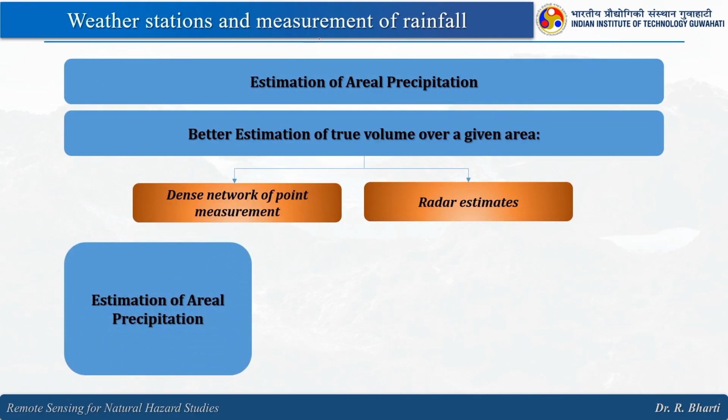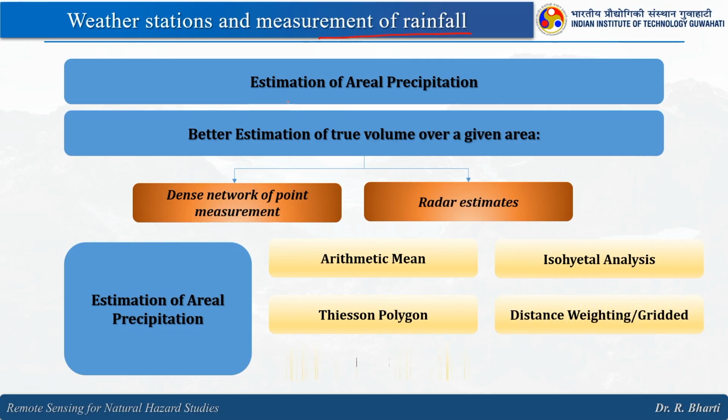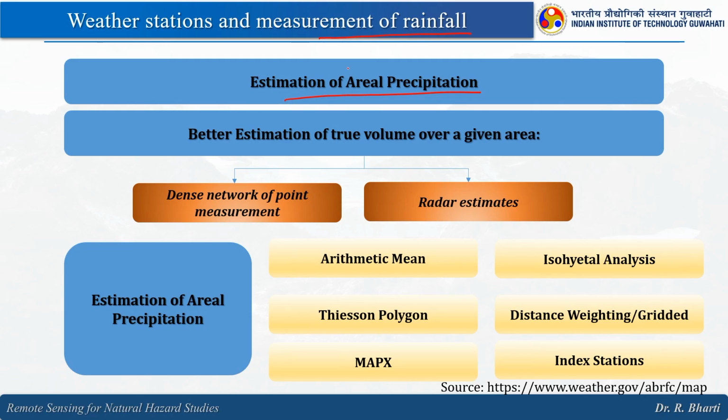Then weather station and measurement of rainfall, the estimation of aerial precipitation, that is very important, because when we are working with the spatial data, when we are utilizing the remote sensing data, we should also have the rainfall for each of the pixel. So, then we can go for the aerial precipitation measurement.